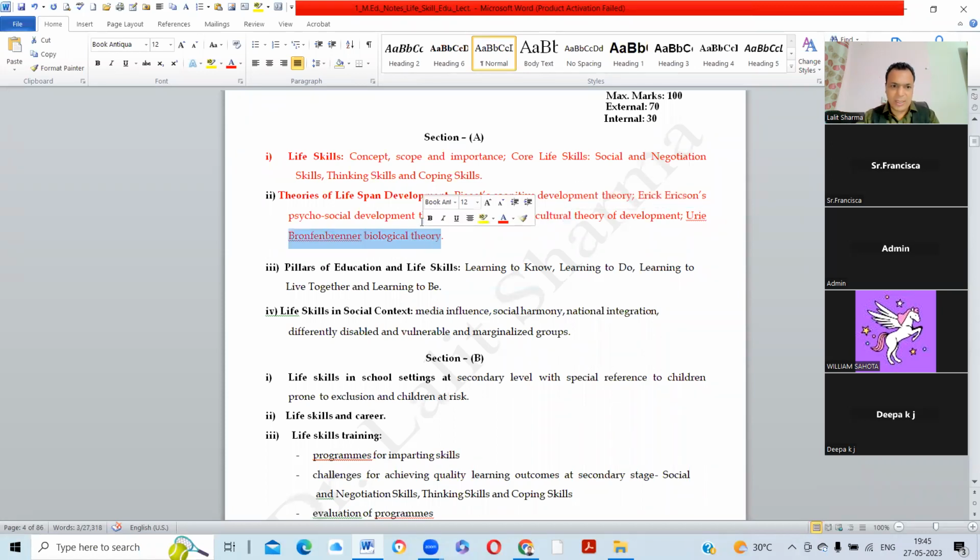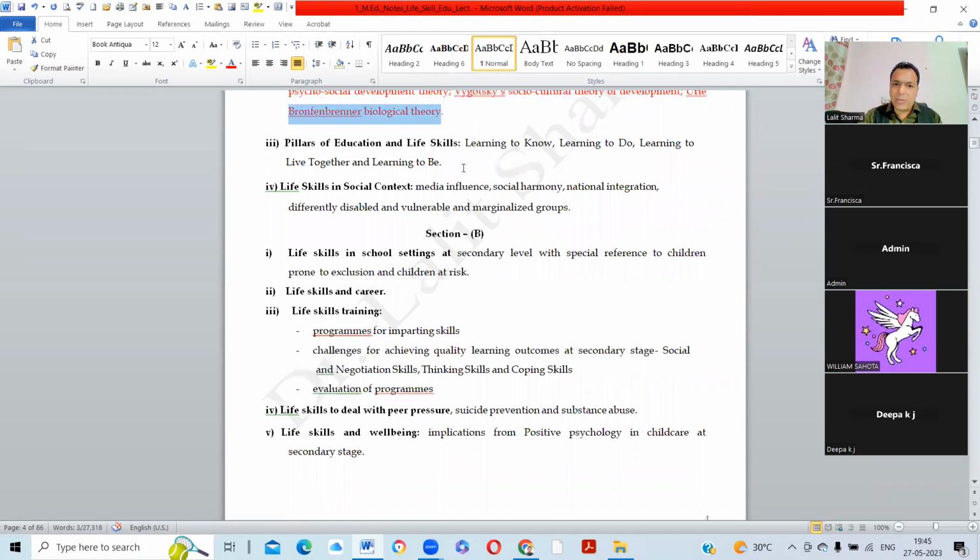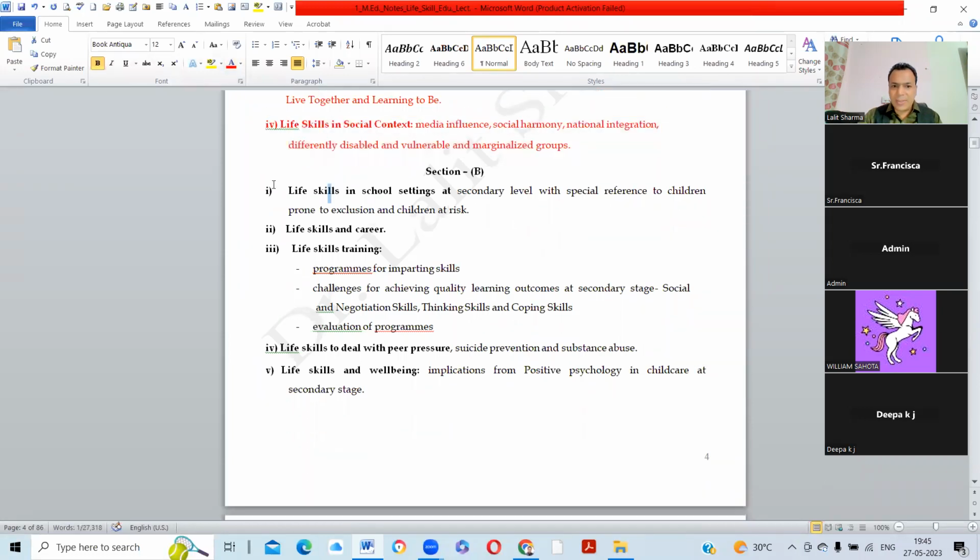Then pillars of education, we are done with all 4 pillars. Then life skills in social context, media influence, social harmony, national integration, disabled, vulnerable and marginalized groups. We are done. Then life skills in a school setting at the secondary level with special reference to children at risk and prone to exclusion. This has also been discussed.